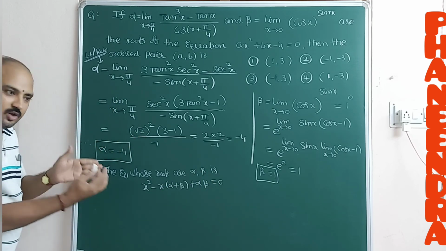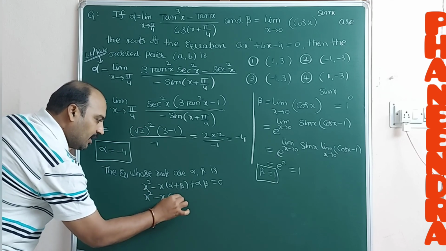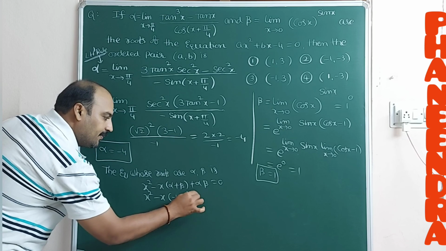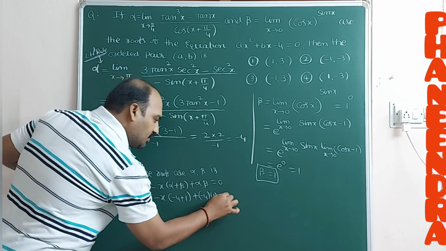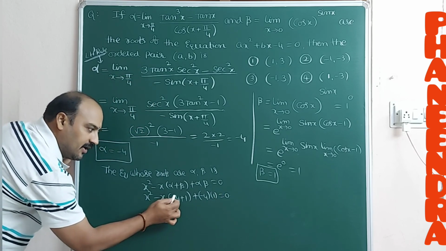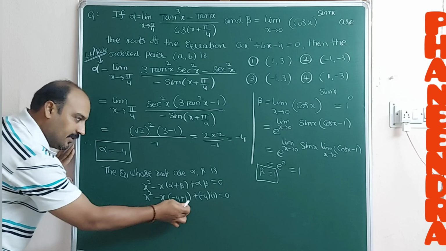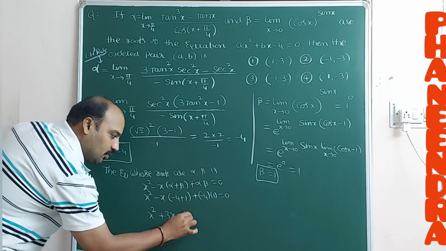Substitute alpha and beta values in this equation: x square minus x into minus 4 plus 1, plus minus 4 into 1, equal to 0. Therefore it becomes x square minus x into minus 3, which is plus 3x, minus 4 equal to 0.